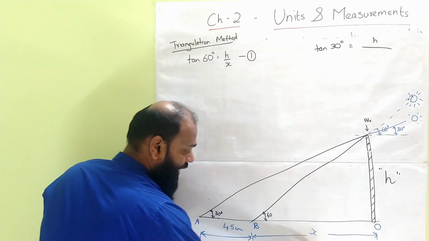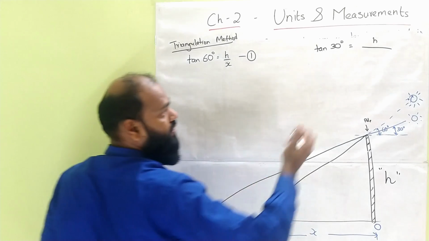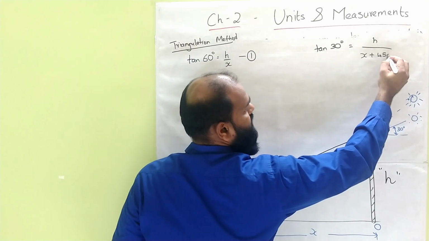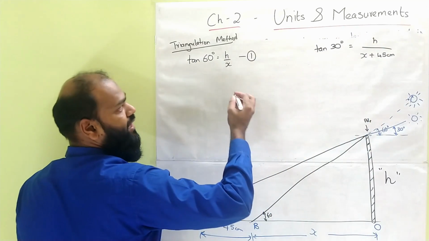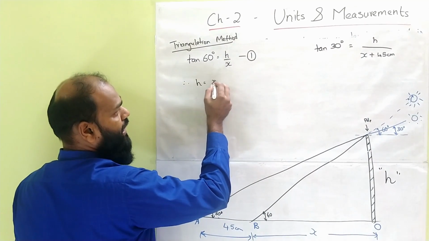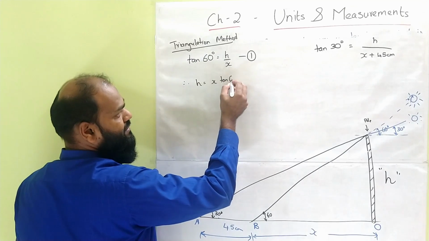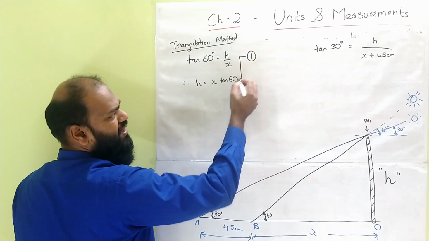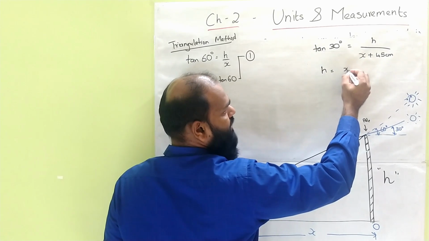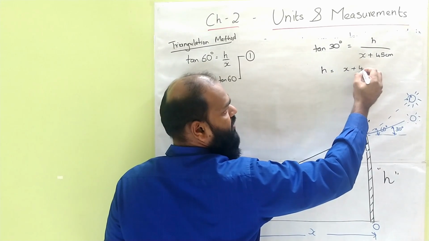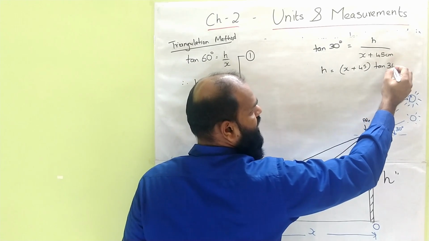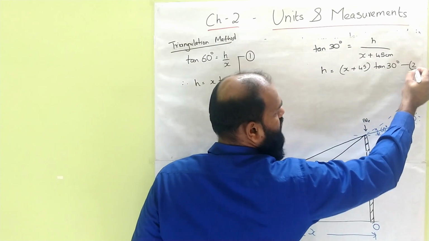What is this whole length? x plus 45 centimeter. Rewriting this, h equals x tan 60. Let this be equation 1. Similarly, h equals (x plus 45) into tan 30 degrees. Let this be equation 2.